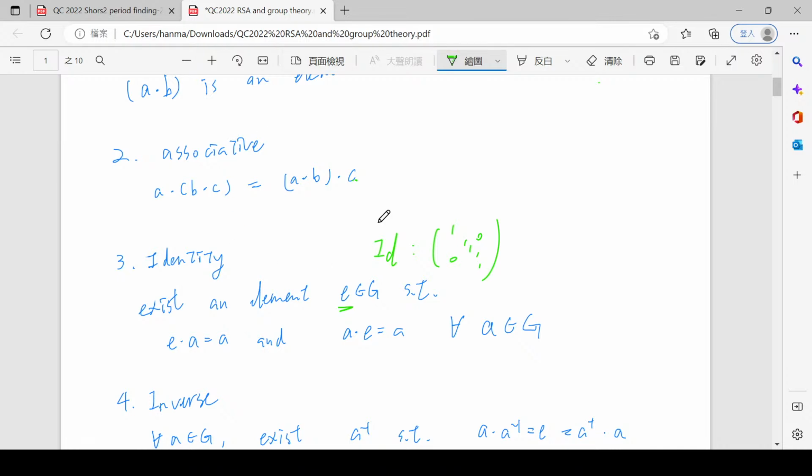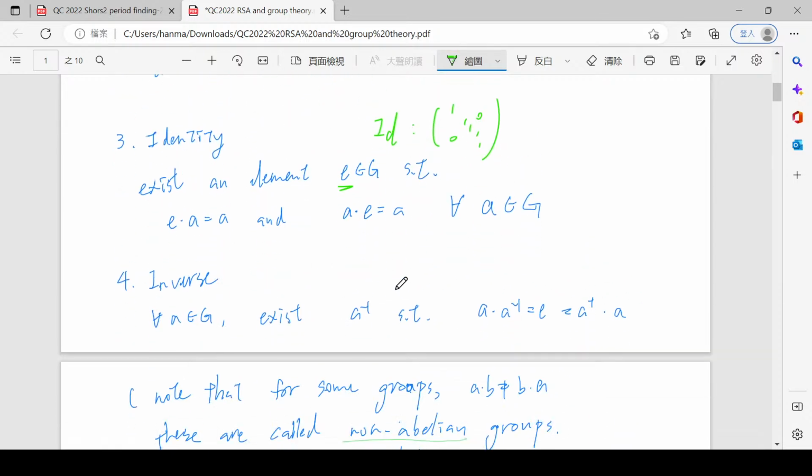And then you need inverse. So the inverse property for the group says that every element in the group must have an inverse element. There are actually two different notions: there is a left inverse and a right inverse.